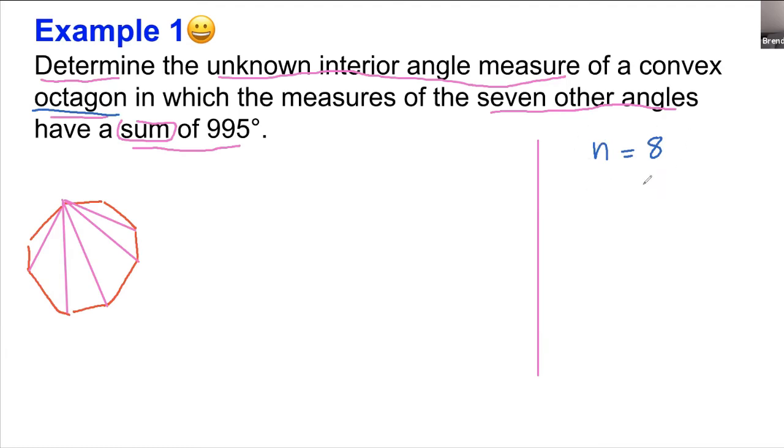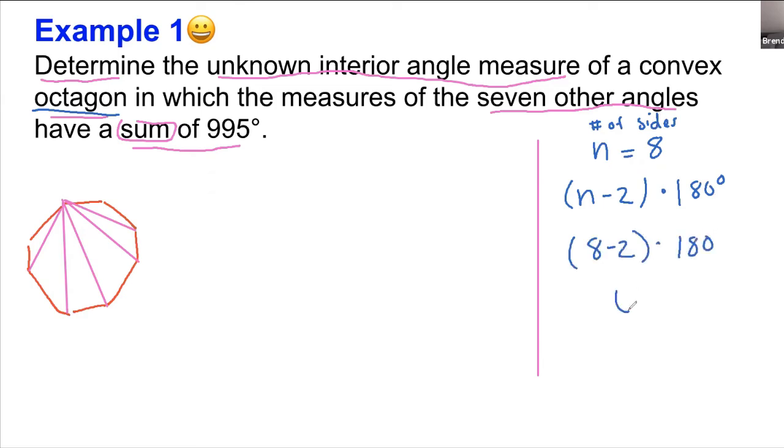So our value of n, the number of sides, is 8. We subtract 2 from the number of sides and multiply that by 180 degrees. 8 minus 2 times 180 degrees is 6 times 180, which gives us a total of 1,080 degrees.